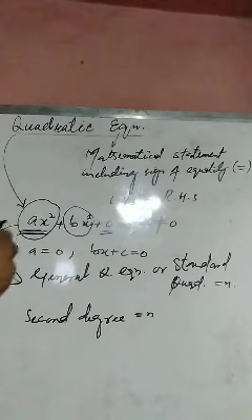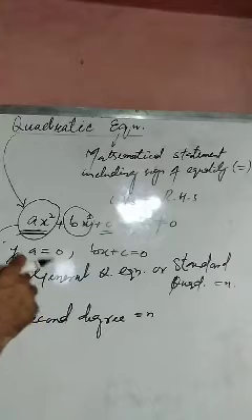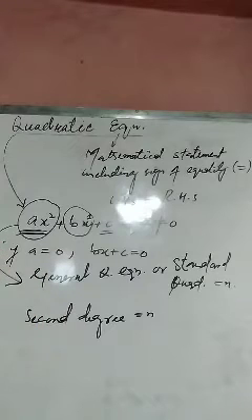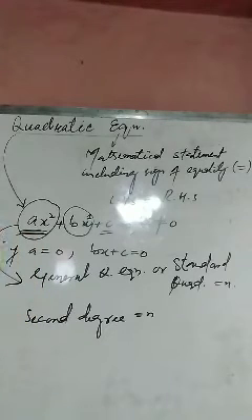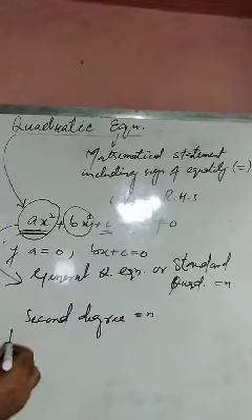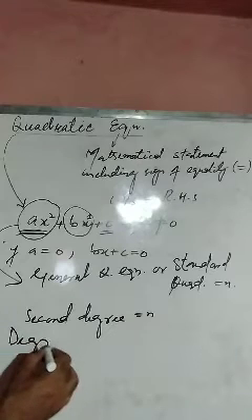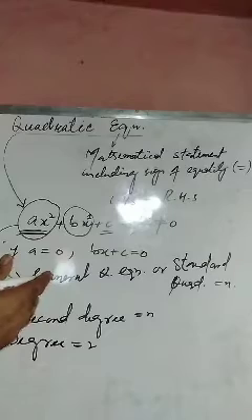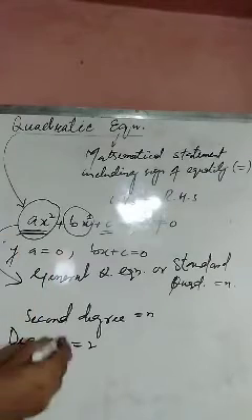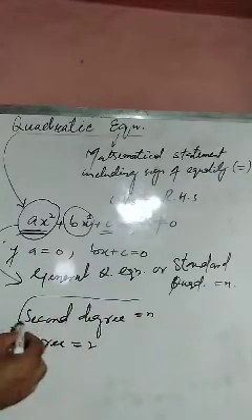What is degree? Degree is the highest power of the variable involved in the equation, that is known as the degree of the equation. So in other sense, we will say that if the degree of an equation is 2, then it will be termed as the quadratic equation.